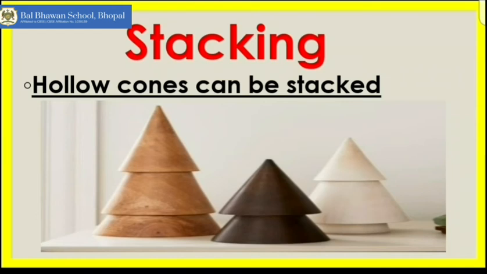Now what is the meaning of hollow? Hollow means having a hole or empty space inside. And what is the meaning of empty? Empty means अंदर से खाली होना. So anything which has a hole or is empty from inside is called hollow, and it's not solid. So here all the cones which are stacked are hollow cones. One thing you have to remember is that only hollow cones can be stacked and not the solid ones.